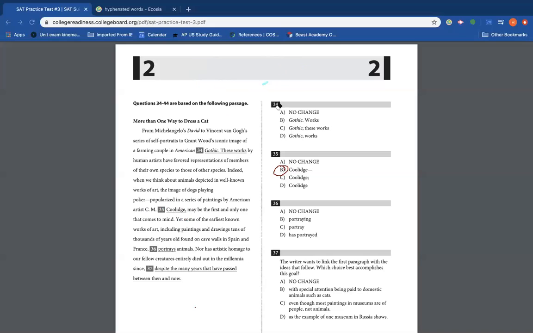But usually you want to use two dashes. That's why I said the answer for 35 was B, because I saw we needed another dash. Yeah, the dashes are longer visually. You can see the difference here, right? This dash is longer than this hyphen.